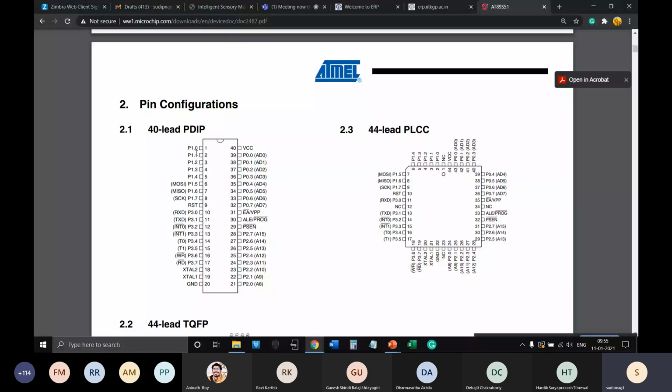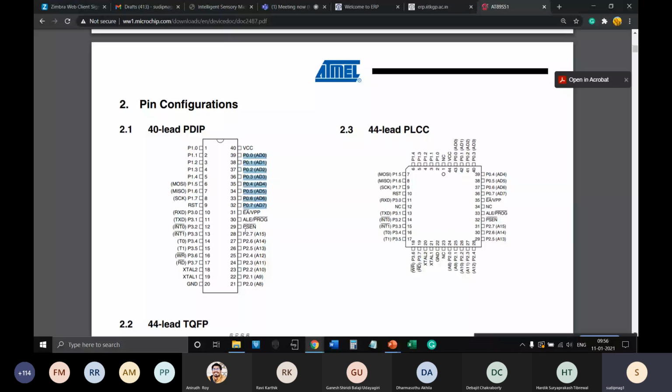And you can see there are different ports here. You can see port 1, port 1.0 until port 1.7. Actually there are 4 ports similar to that. You can see port 3.0 to port 3.7 on the left side, port 1 and port 3, whereas on the right hand side, port 0.0 to port 0.7 is one of the ports, and another port is 2.7 to 2.0.